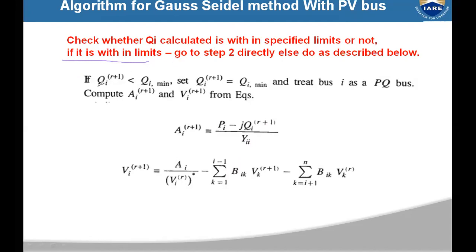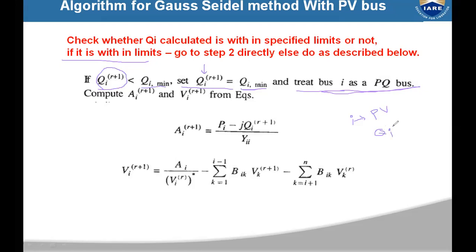If it is not within the limits, now you have to check whether this Qi in the r plus 1th iteration is less than the minimum value. If it is less than the minimum value, then you have to set this Qi in the r plus 1th iteration equal to Qi minimum and treat the ith bus as a PQ bus. Initially, by considering the ith bus as a PV bus, you calculated the Qi.